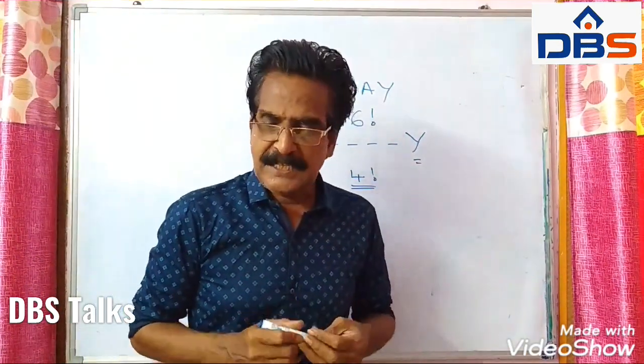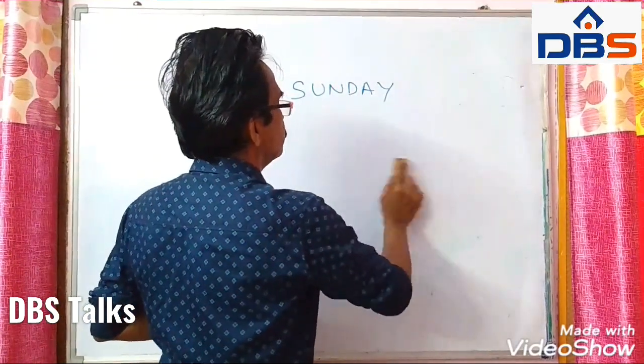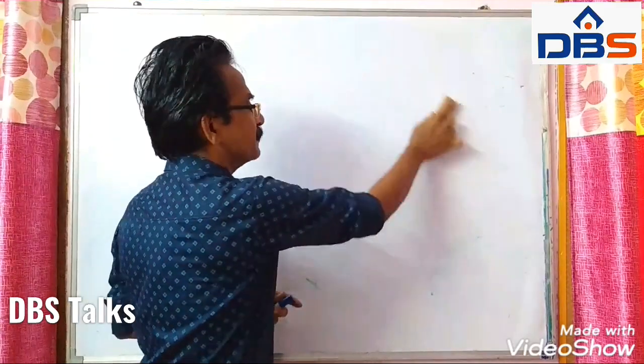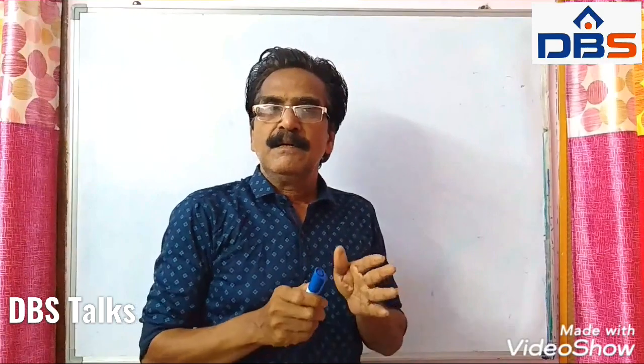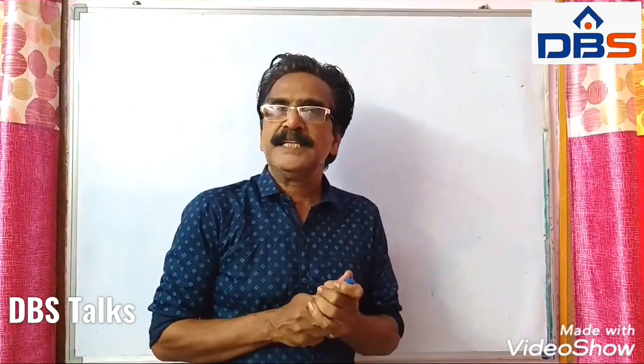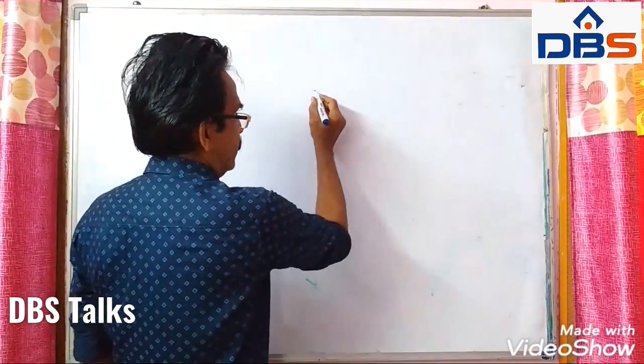So let us take the second problem. See, here we have seen all different letters. What if there is repetition, that is, if there are similar things?